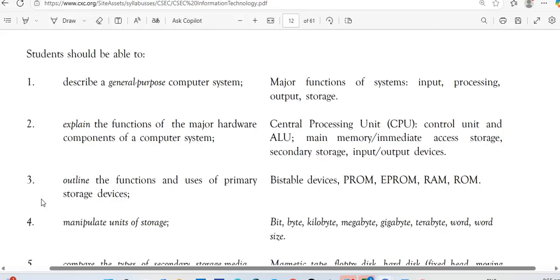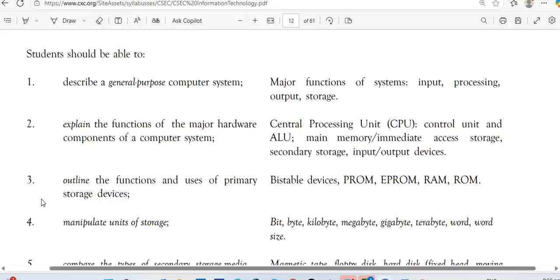the main memory, immediate access storage. So the main memory, also known as the RAM or random access memory, is a volatile memory that temporarily stores data and program instructions. The CPU stores data in main memory for quick access. The CPU fetches instructions from main memory.